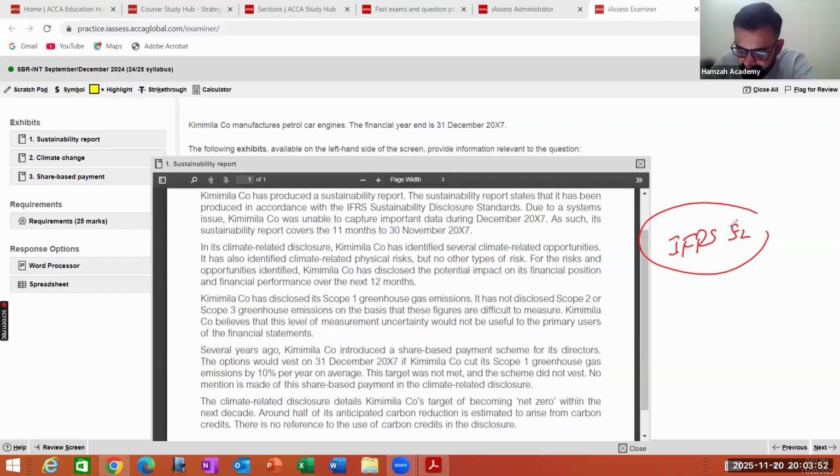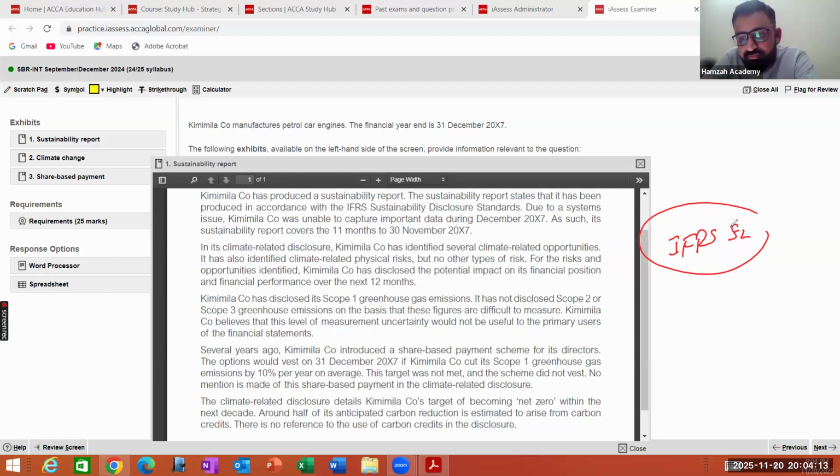That is another problem, an issue in the report produced by the K company. The K company has disclosed scope 1 greenhouse gases. Now it is very important. Scope 1 greenhouse gases mean the greenhouse gases which are directly produced by the company and affecting the climate.